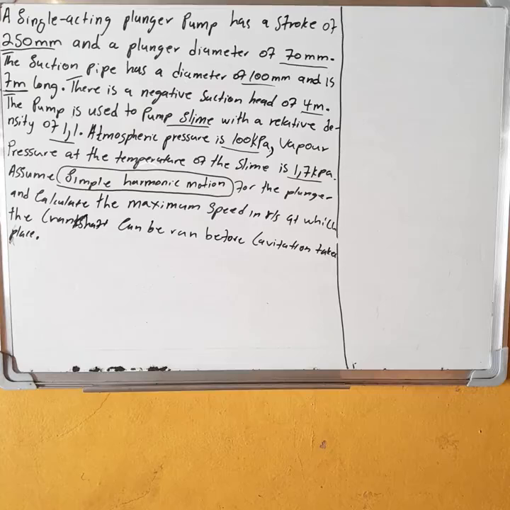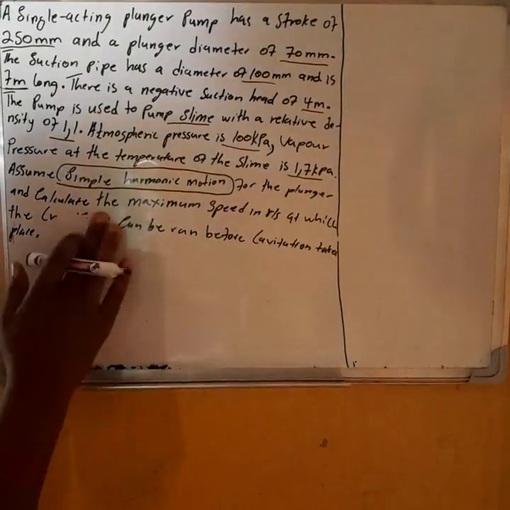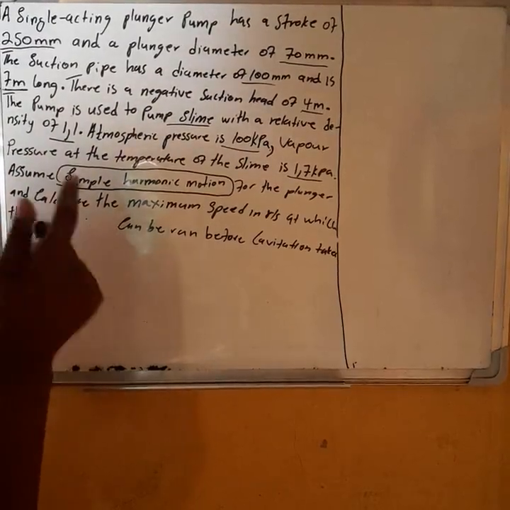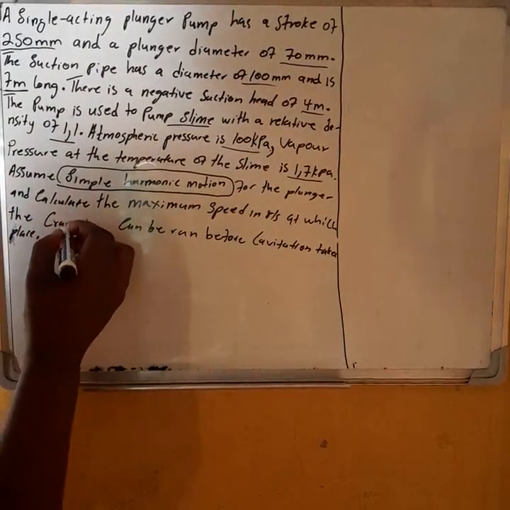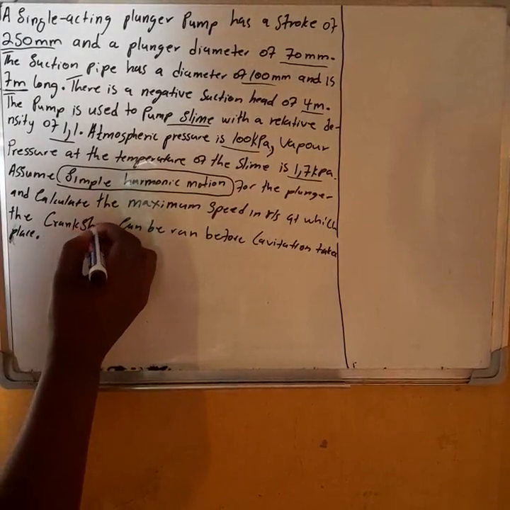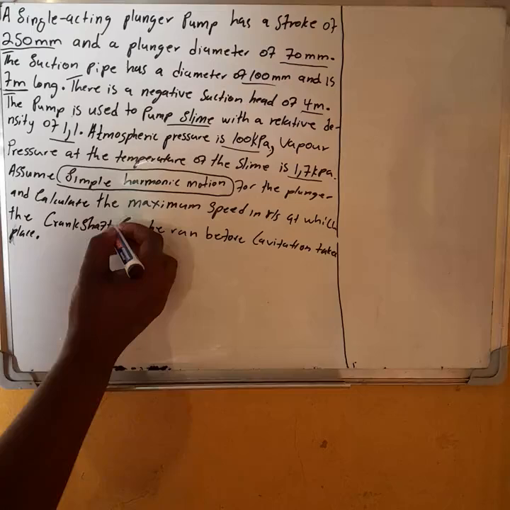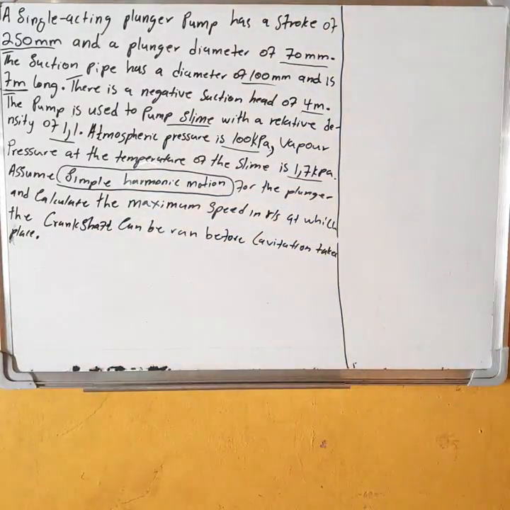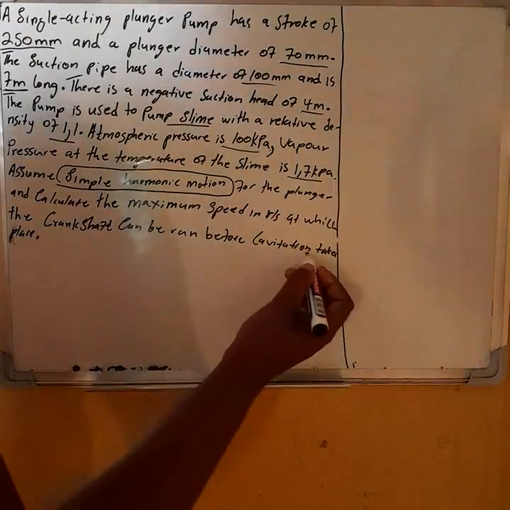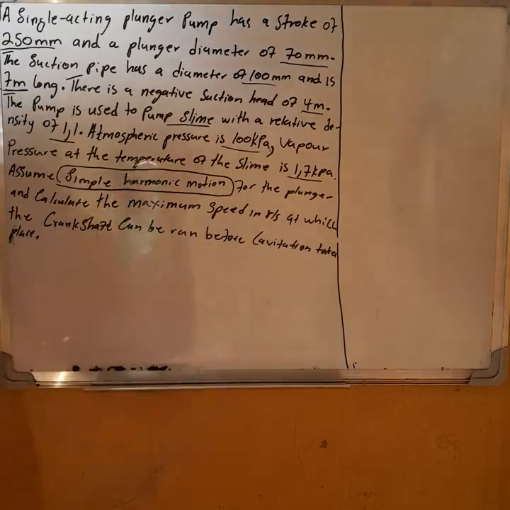Calculate the maximum speed in revolutions per second at which the crankshaft can be run before cavitation takes place.